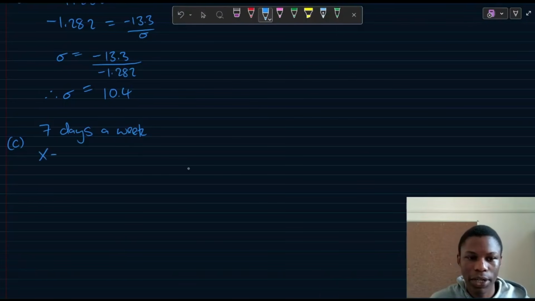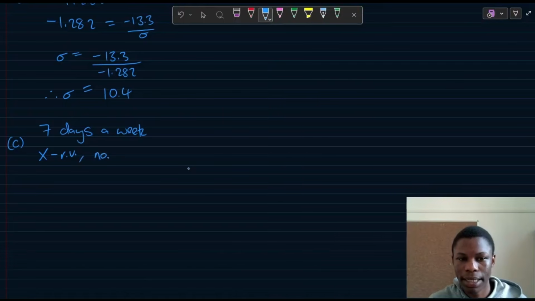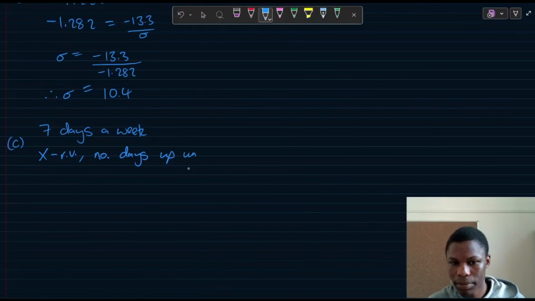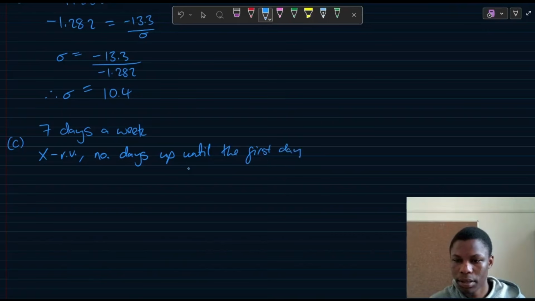So I can define my random variable X here and say, let this be the number of days up until the first day on which less than 59.1 kgs of cherries are sold.